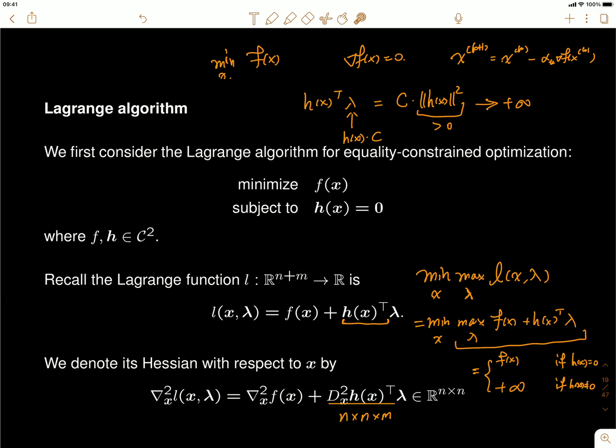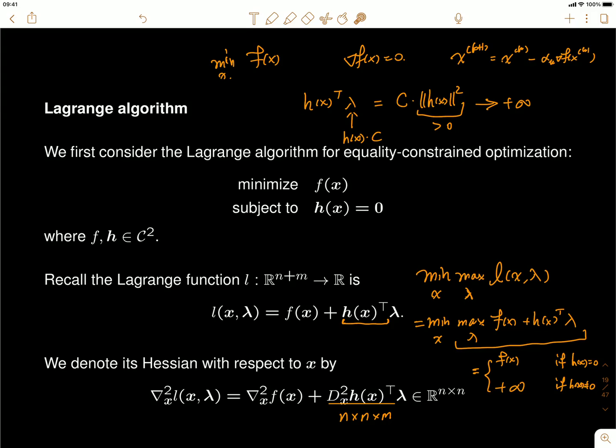When h(x) is not 0, meaning that the constraint is violated, in this case you should not do anything, because this will be positive infinity. There's no way to minimize it, right? It's always positive infinity, because x is infeasible, and we should not consider such kind of x.